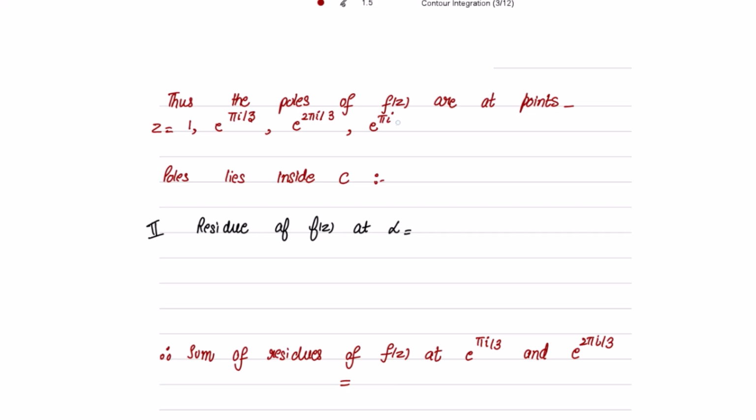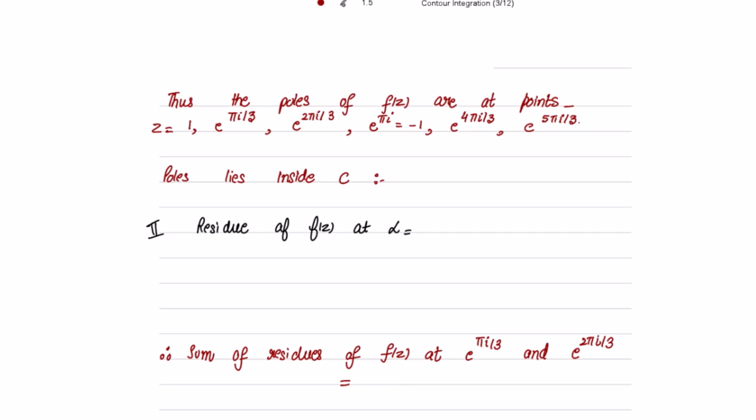This e to the power pi iota is negative 1 because e to the power iota x is cos x plus iota sin x; putting that value, from Euler's formula e to the power pi iota equals negative 1. Then e to the power 4 pi iota over 3, and finally e to the power 5 pi iota over 3.